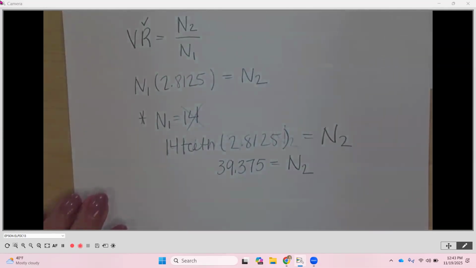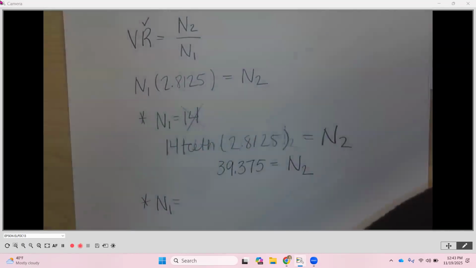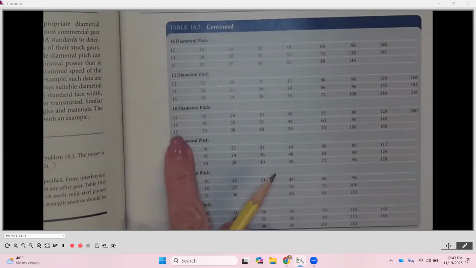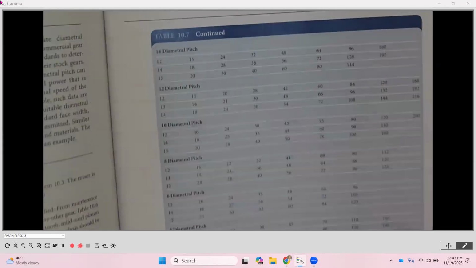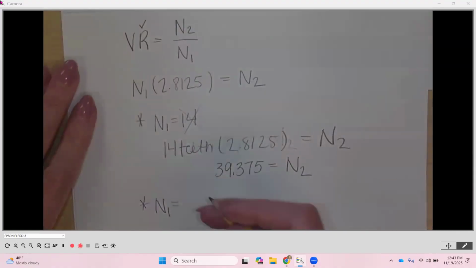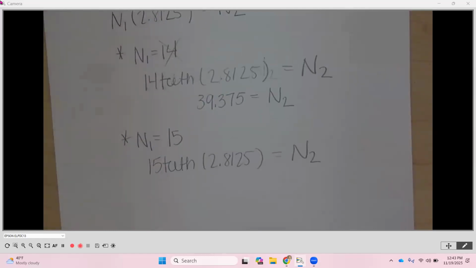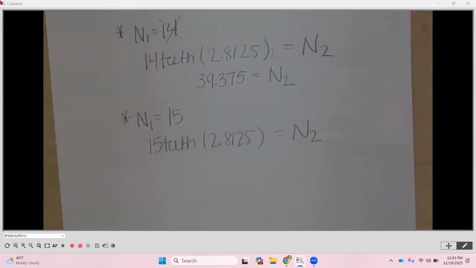And this is what we do. Now let's go back to our list here and try N1 equal to 15, for instance, and see if we can get a good number. So we take 15 teeth times that same ratio, 2.8125, and find out the number of teeth I need on the gear for that one.